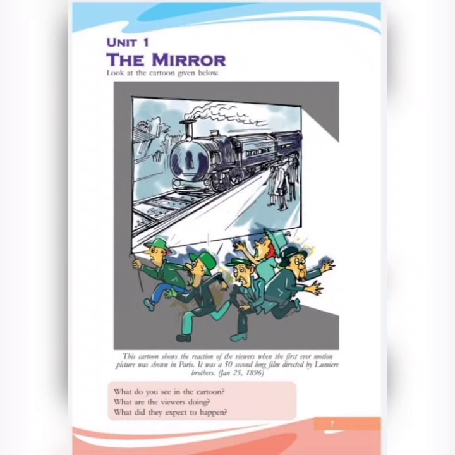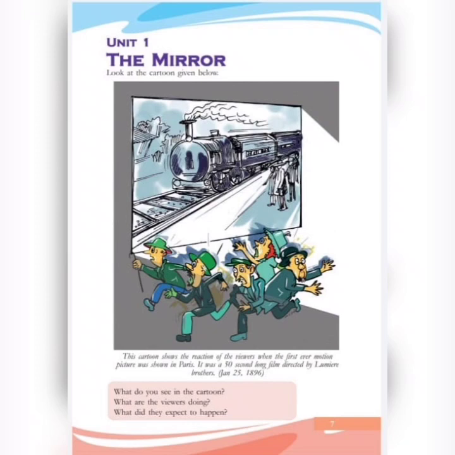Now, I am going to ask some questions to you about this cartoon. You must try to say the answer. What do you see in the cartoon? A film on the screen, a train on the track, some frightened viewers or people.